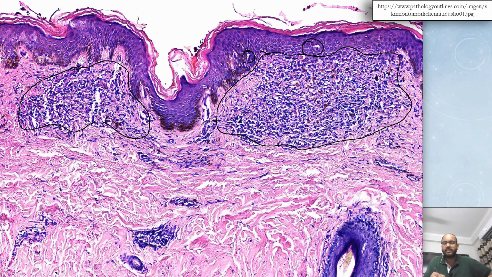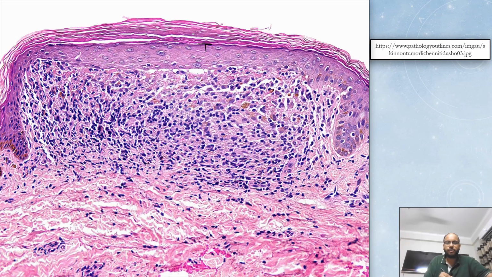So here the basal cell damage is there, and you can see a bit of colloid bodies at the junction, and you can see that there is a claw-like extension. If I change the color, yeah, a claw-like extension. This is a claw, this is another claw, which is clutching the ball of infiltrate, and that is what is known as the claw-like morphology in Lichen nitidus, or claw-like histology in Lichen nitidus.